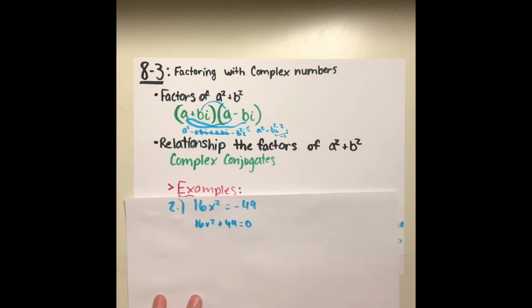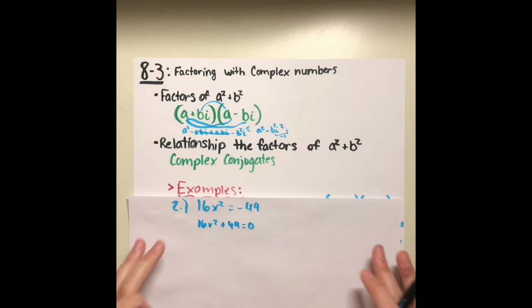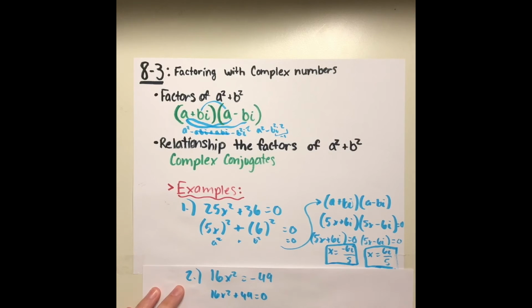So now that we got it set to 0, we kind of just want to do the same thing that we did in the last example. So just write it out is what I like to do. The square root of 16 is 4, so 4x squared.